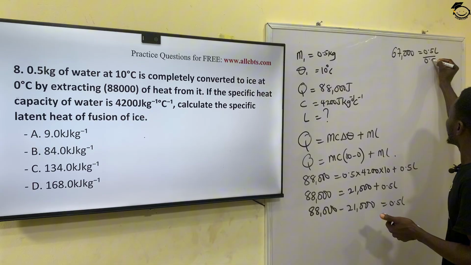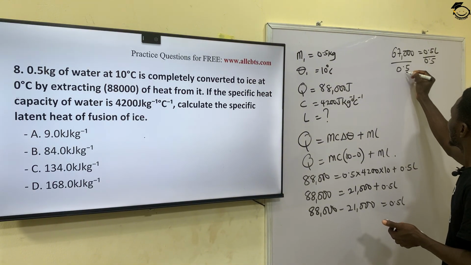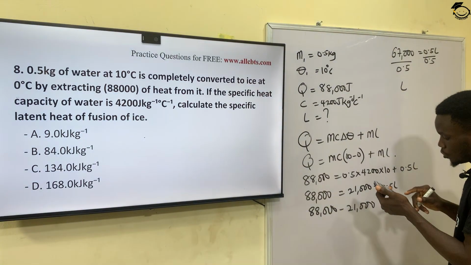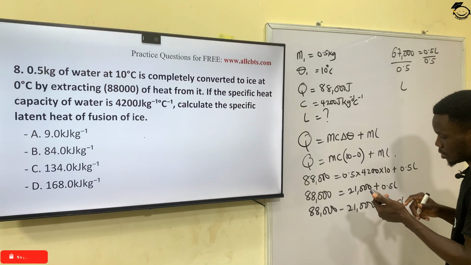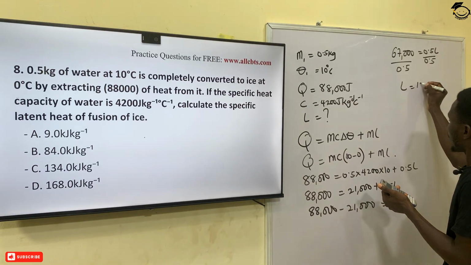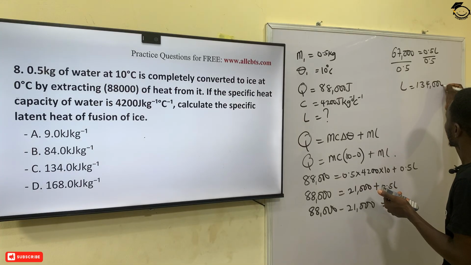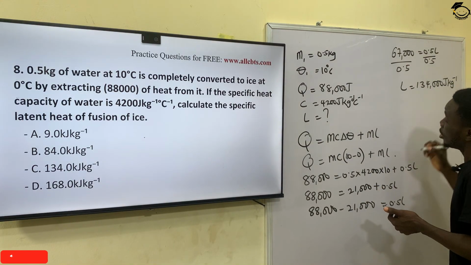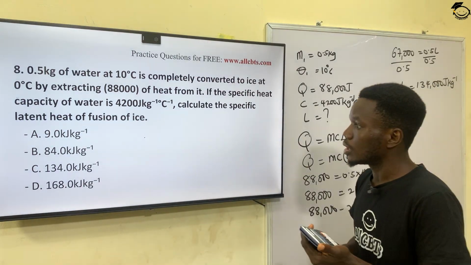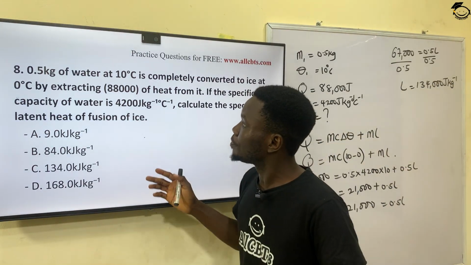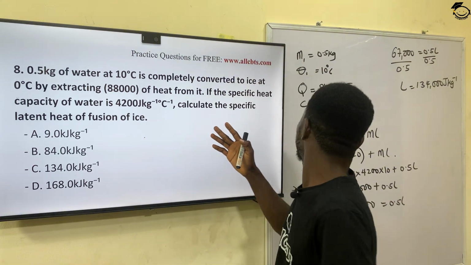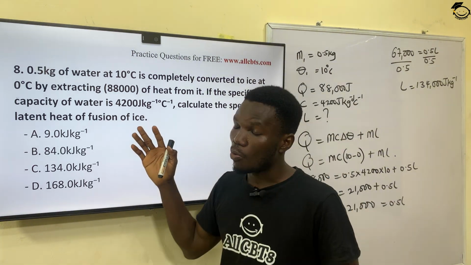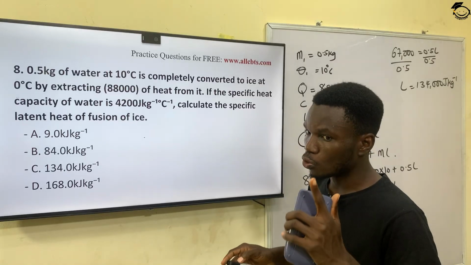Divide both sides by 0.5. It means that the latent heat of fusion of ice is going to be 134,000 joules per kilogram, because it does not have anything to do with temperature.